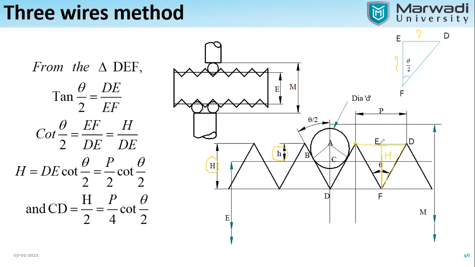This complete distance between these two parts is considered as pitch. And E is at the center part of this line. It means ED will be pitch by 2. So ED is nothing but pitch by 2 distance.